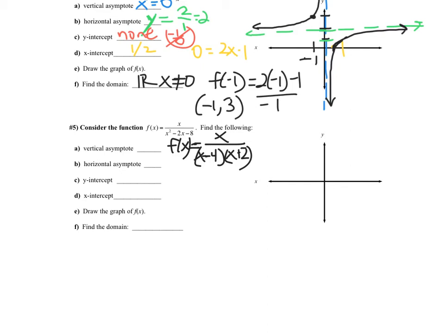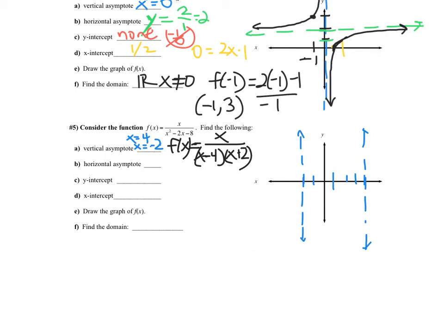So our vertical asymptotes occur at x equals 4 and x equals -2. So go to -2 and put in your vertical line at -2, and also go over to 4 and put in a vertical asymptote there.